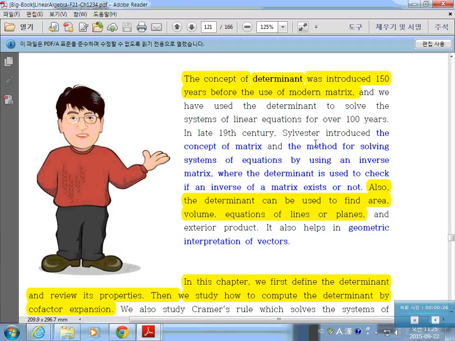The concept of the determinant was introduced 150 years before the concept of the modern matrix. The concept of the matrix and the method of solving a system of equations by using an inverse matrix was introduced by J.J. Sylvester in the 19th century, where the determinant is used to check whether an inverse of a matrix exists or not.